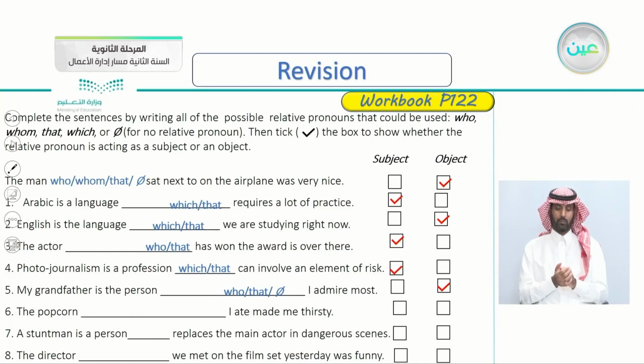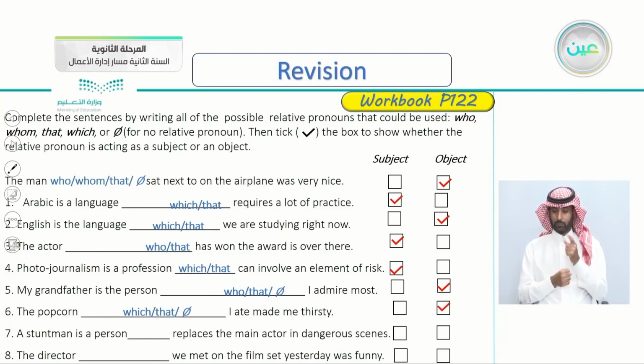Number six, the popcorn I ate made me thirsty. So yes, which, that, or the sign for no relative pronoun, and of course it's an object.